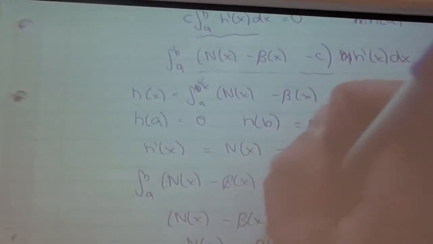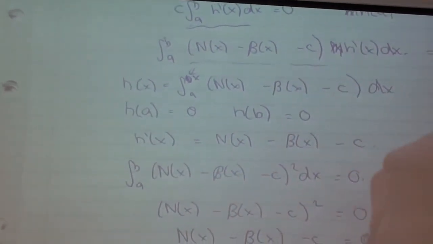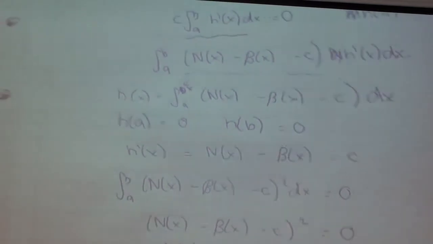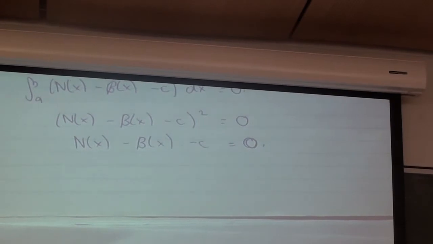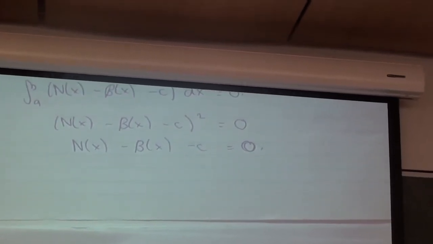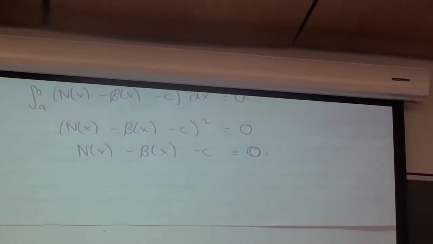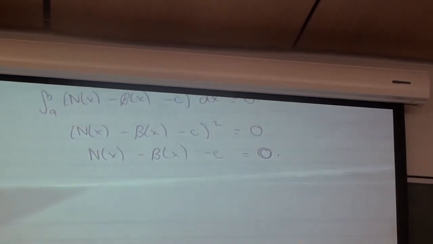And so n of x minus beta of x minus c equals 0. Alright, so we have this result, n of x minus beta of x minus c equals 0. If we sub back in the values, so we can translate it back into functions of f, we get what is the Euler-Lagrange equation, or the first statement thereof.